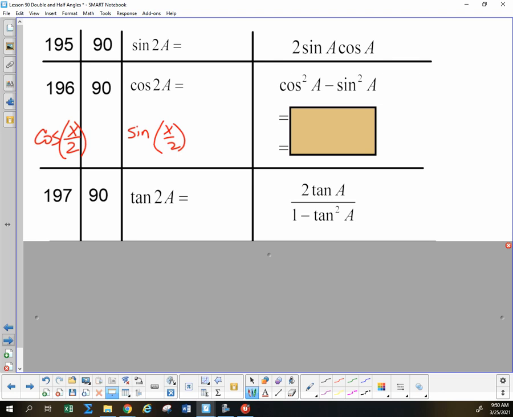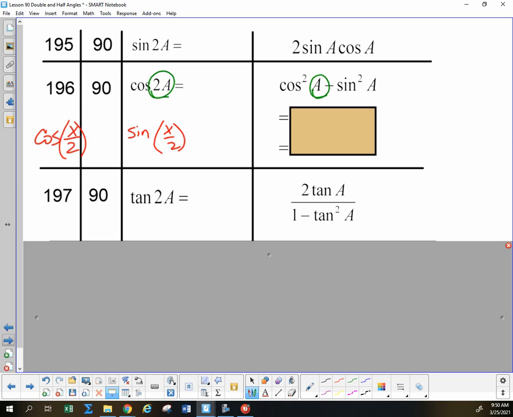I know 22.5 is half of 45. So those are the kinds of angles I'd like to have these formulas for. Now, notice in the sine and cosine formulas, well, the tangent one also, I have an A and I have a 2A. A is half of 2A.